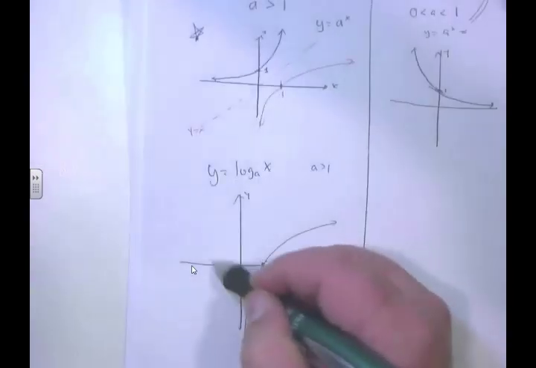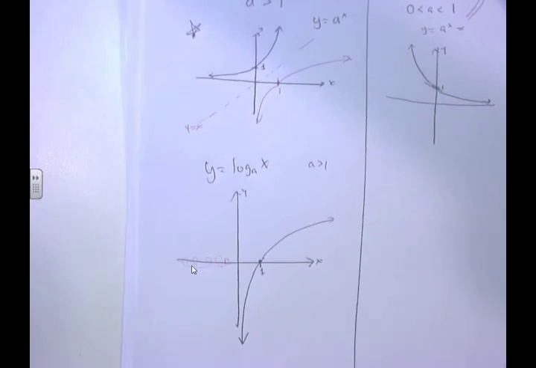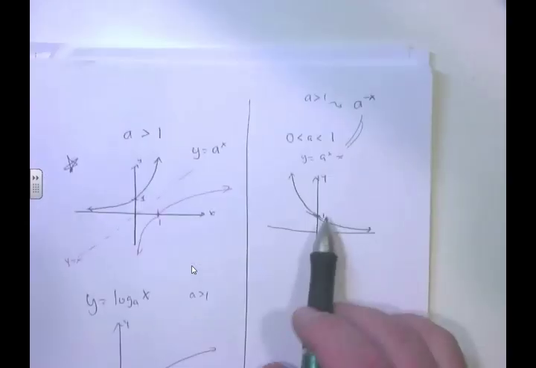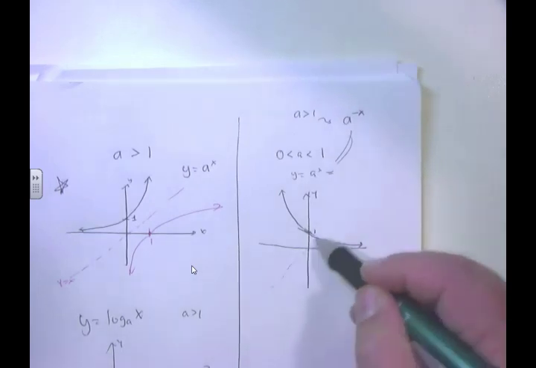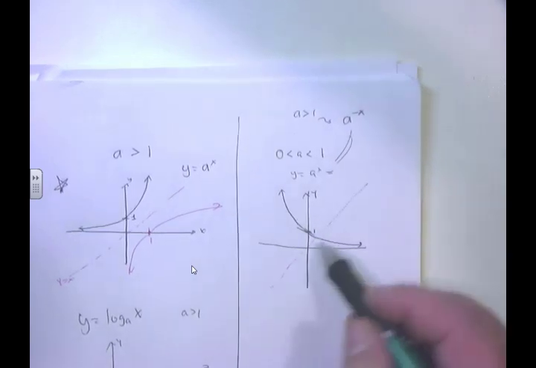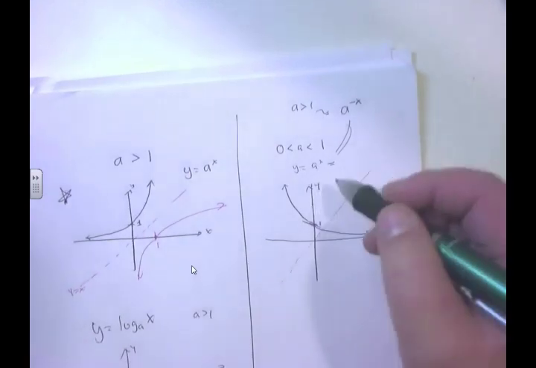And notice, you can't take the log of a negative number. Doesn't exist. So there's no reflection for the graph on the right? Well, yes, there is one. If the base was negative, you could reflect that about this line right here. And then it would end up looking something like, let's see here.